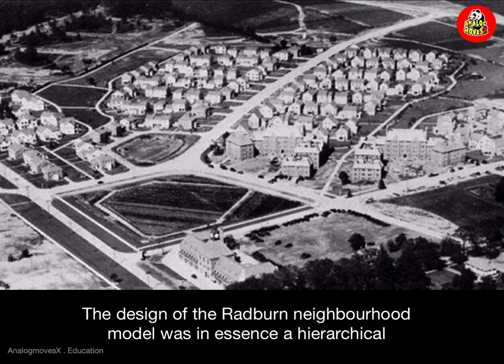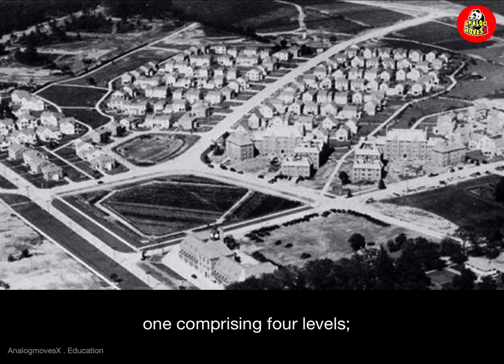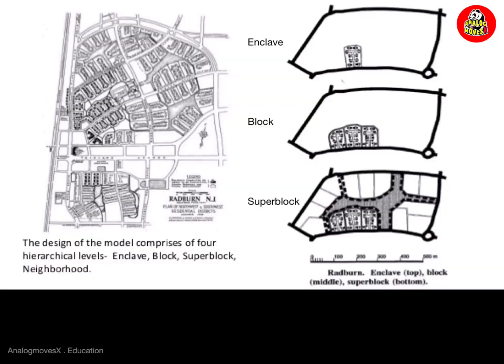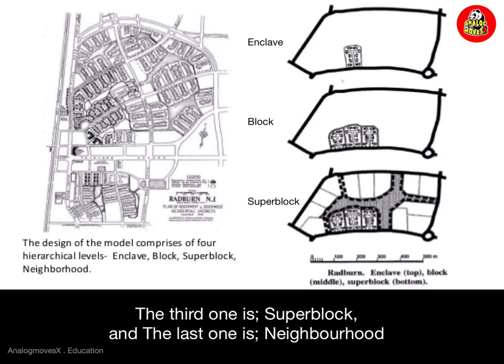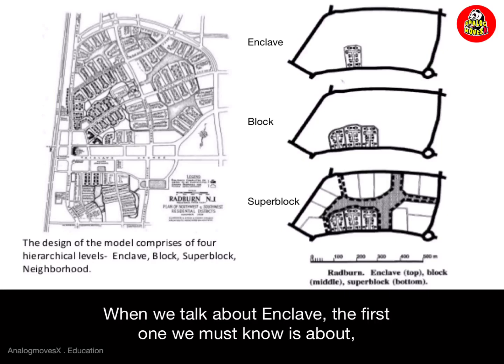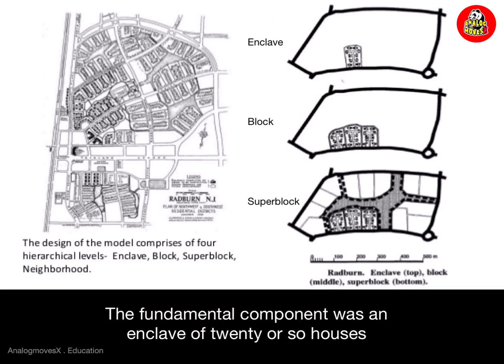The design of the Radburn neighborhood model was in essence a hierarchical one comprising 4 levels. The first one is enclave, the second one is block, the third one is superblock, and the last one is neighborhood. When we talk about enclave, the fundamental component was an enclave of 20 or so houses.